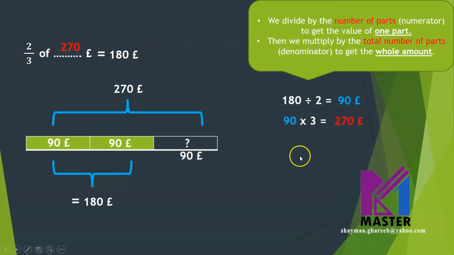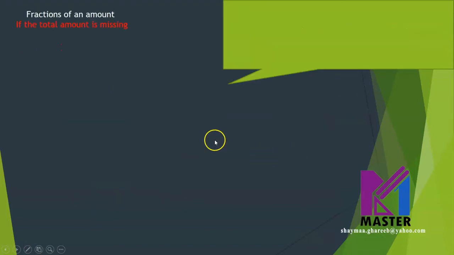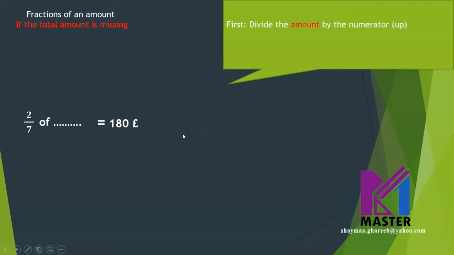Is this clear? Let's go to the second example. 2/7 of a missing amount equals 180 pounds. What did we say? Do you remember? First, we divide the amount by the number up, which is the numerator. Why?